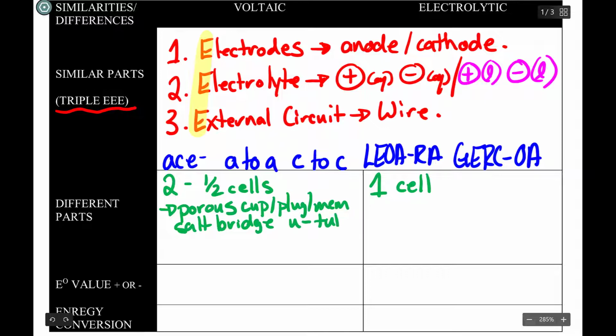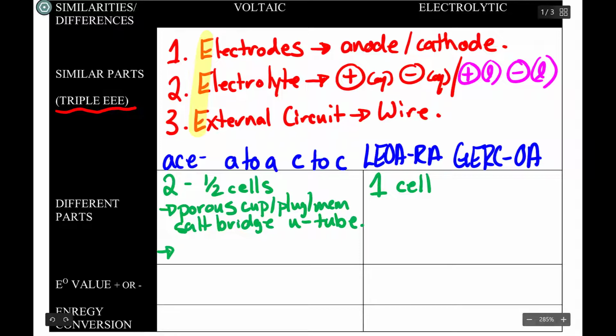They have to have some kind of separation that allows for the flow of charge, and those are just a number of different types of voltaic cells you can have. You can have ones with porous cups, porous plugs, porous membranes, salt bridges, U-tubes, lots of different things. Of course, you just won't have that on the electrolytic side as well.